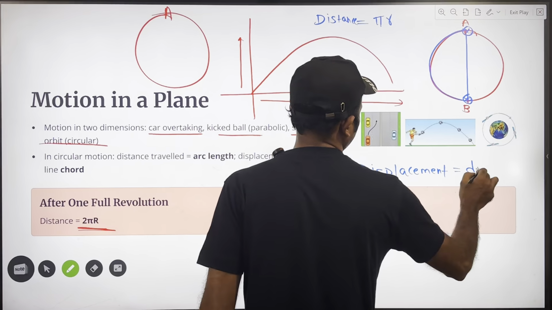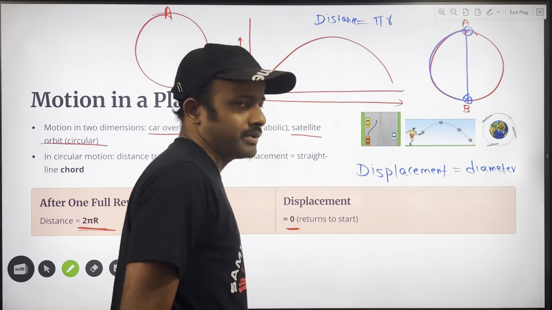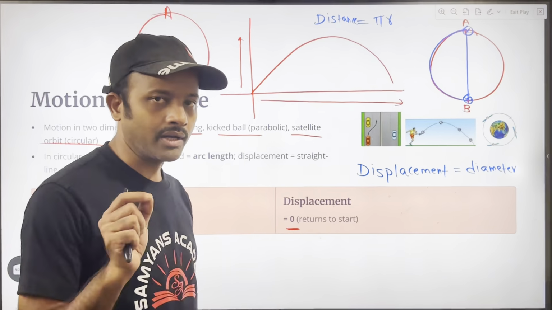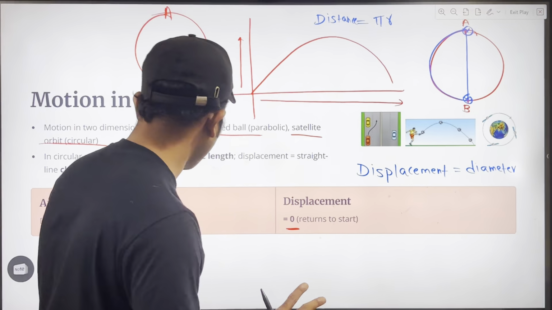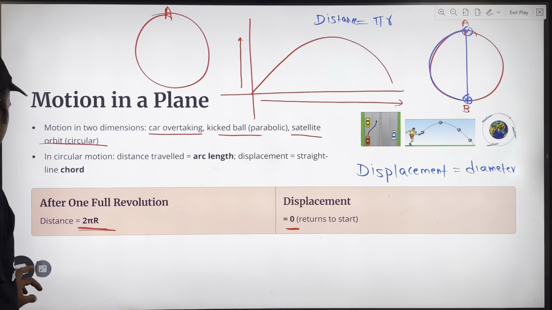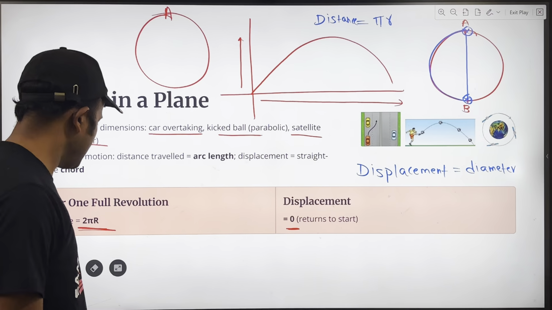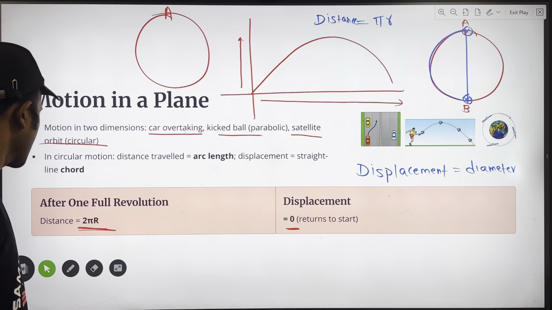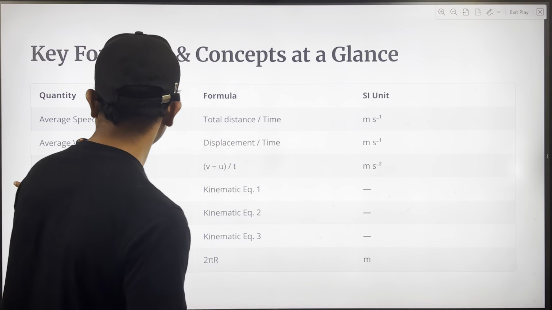So while calculating the displacement, you just have to see the initial point and final point, join the points and calculate accordingly. That's all. In this way we can calculate the distance and displacement when a particle is moving in a circular path. Okay, so move on to the next one, tangent to the circle.